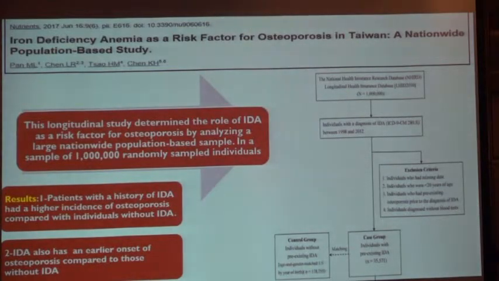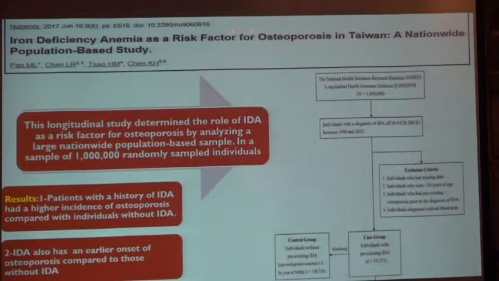This very large longitudinal study was done in Taiwan, determining the role of iron deficiency as a risk factor for osteoporosis by analyzing a large nationwide population-based sample of 1 million randomly assigned individuals obtained from the Taiwan National Health Insurance Research Database.